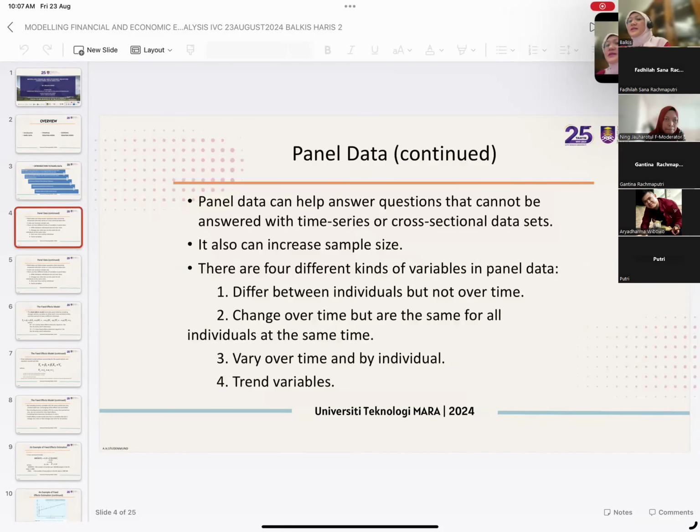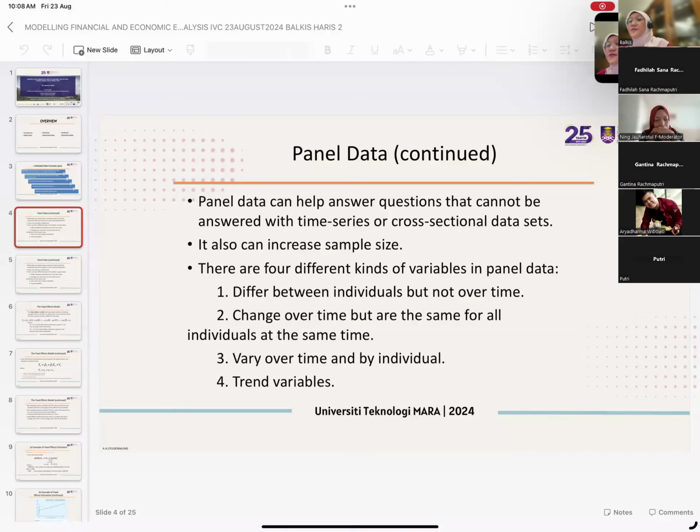Panel data can actually help answer questions that cannot be answered with time series or cross-sectional datasets. It can also increase sample size, because it has several years, the time period, and also the country or the individual.